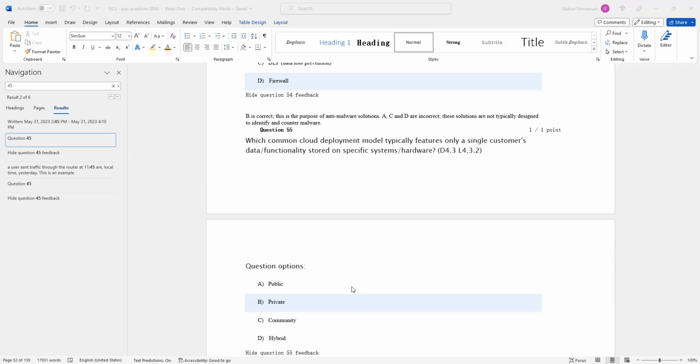Private cloud, some organizations may actually deploy their applications to a private cloud rather than want to share their cloud facilities with other organizations. Then you've got the community cloud. You may have something for all schools, like in a foundation.